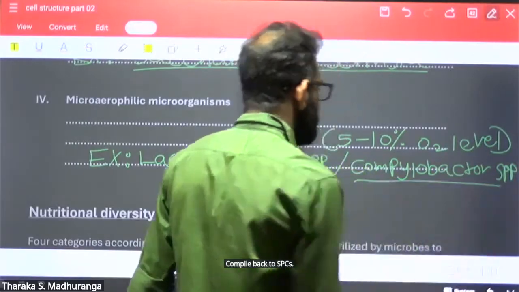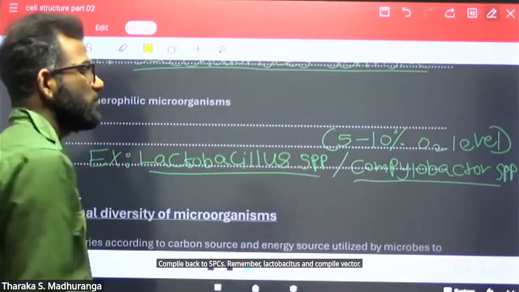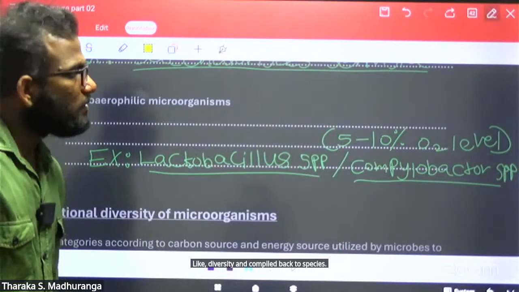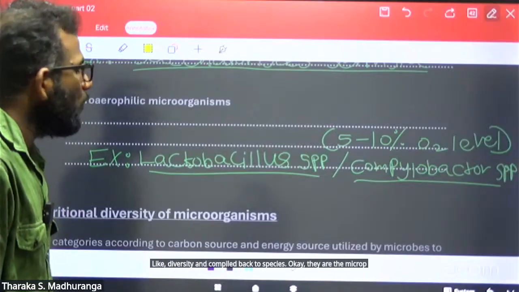Remember, Lactobacillus and Campylobacter species. Okay, they are the microaerophilic microorganisms.